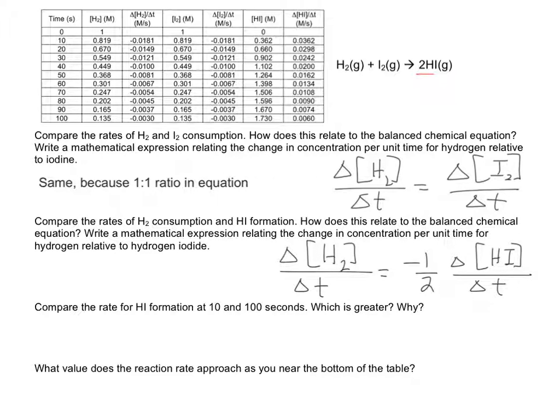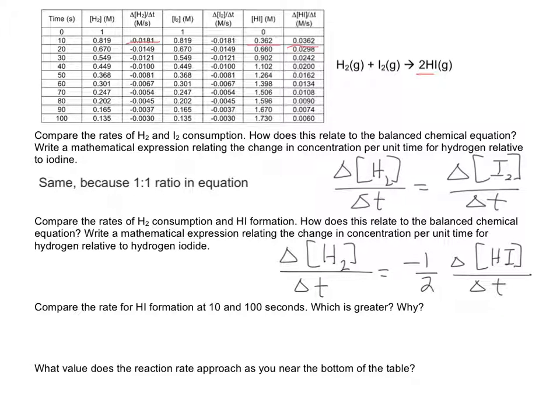So if our rate of change for H2 is negative 0.0181, which we have here in our table, and the rate of formation of HI is, sorry, 0.0362 over here, okay, which is twice the amount of H2 that was used up. And so that, again, is because of the coefficients in our balanced equation.